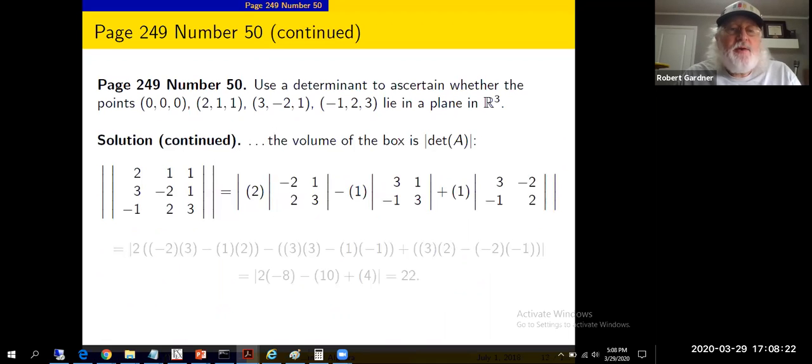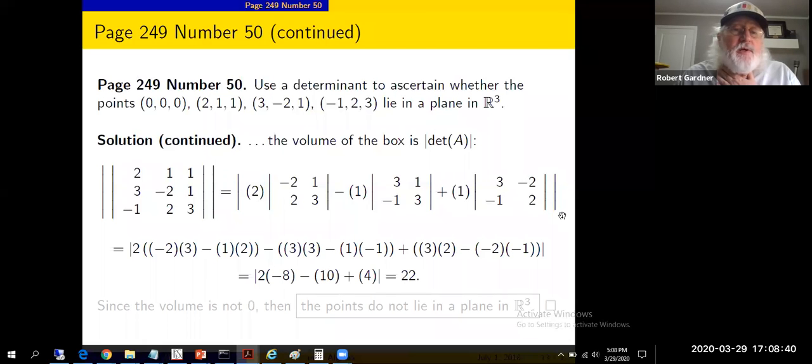Absolute value of the determinant, here's matrix A. Do the homework. You'll get plenty of practice at this and get familiar with a little pattern. But we've got 2 times the determinant of the little minor matrix and so forth. Do the arithmetic. Looks like we get 22 out, with the absolute value processed if necessary.